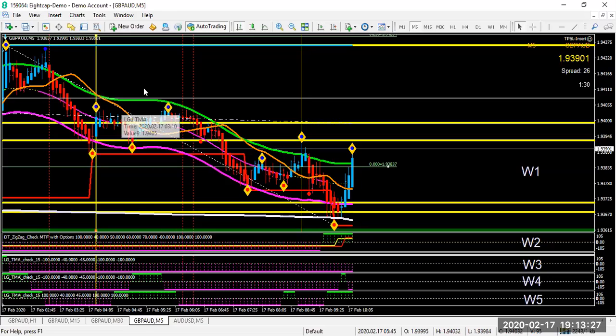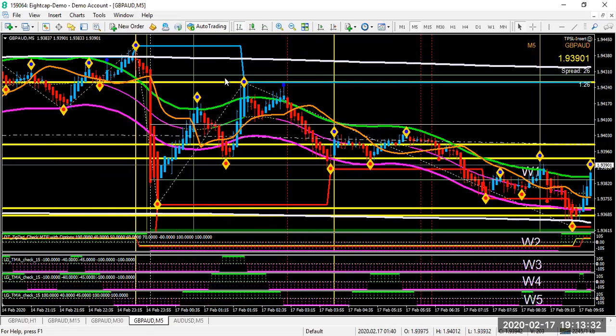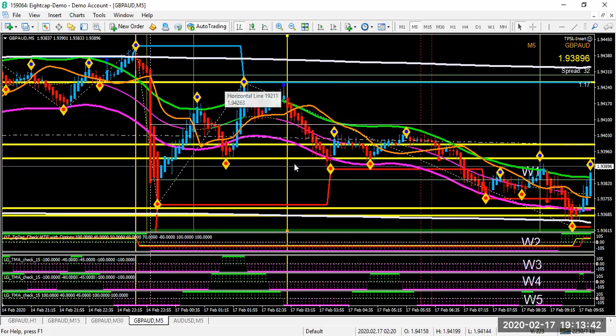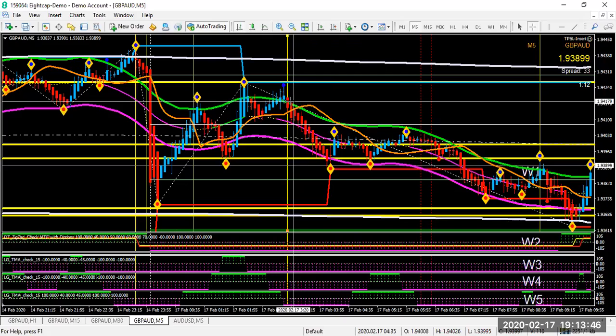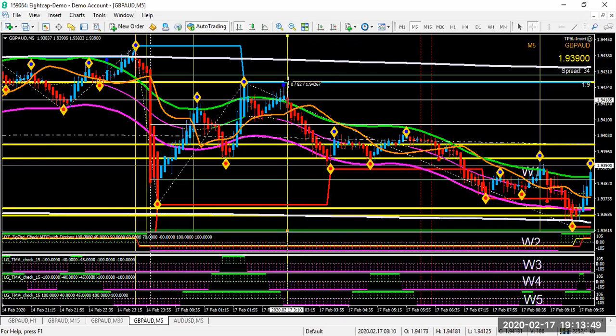If we use the vertical line confirmed, our stop loss here is channel or 20 pips.